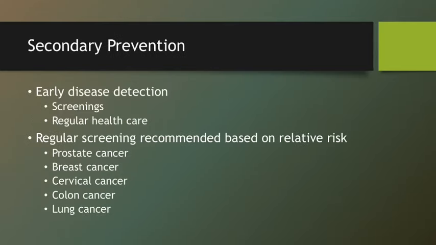All right, secondary prevention is early detection. Early detection of disease. This isn't preventing disease. Screening and secondary prevention does not prevent disease. Early detection helps you treat it early, and the earlier you treat some diseases, the better the outcome.